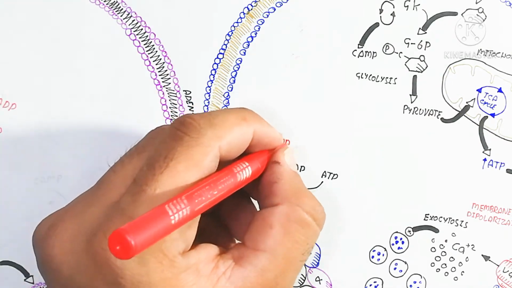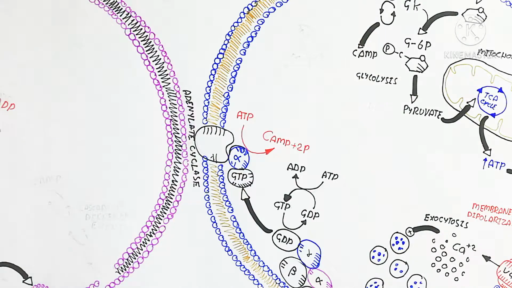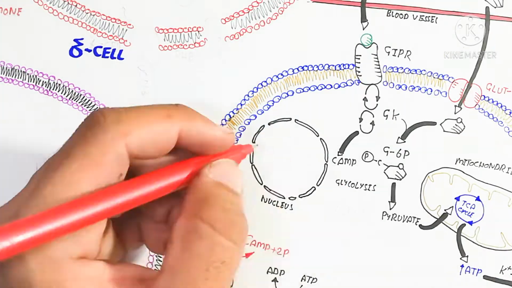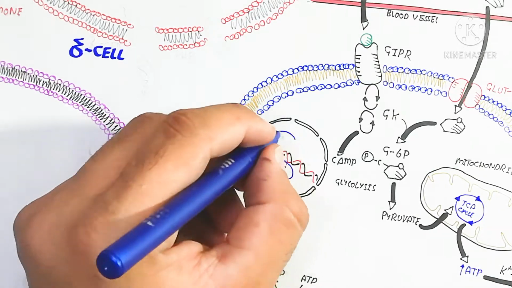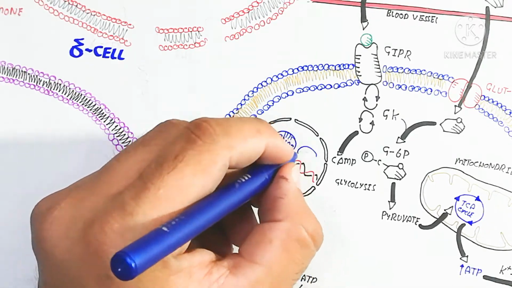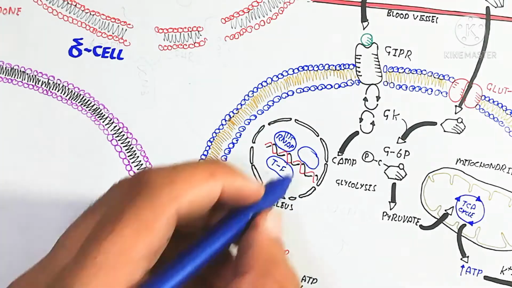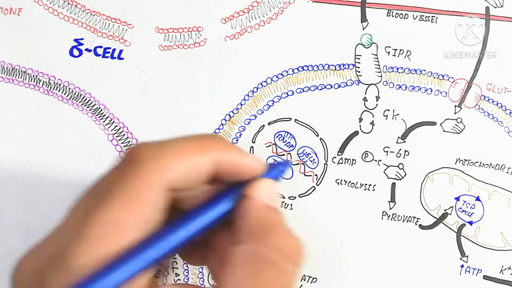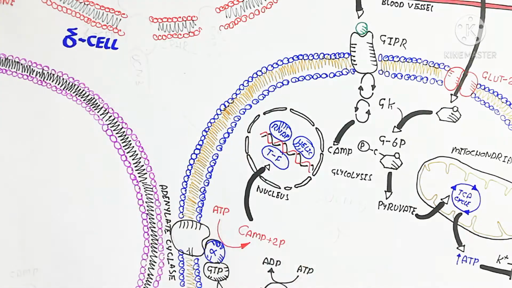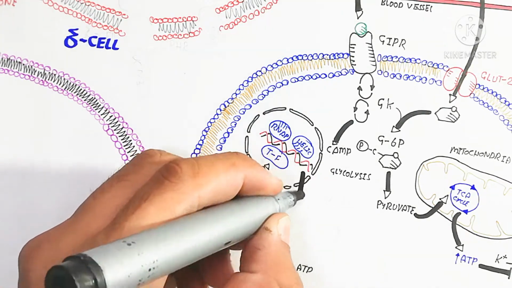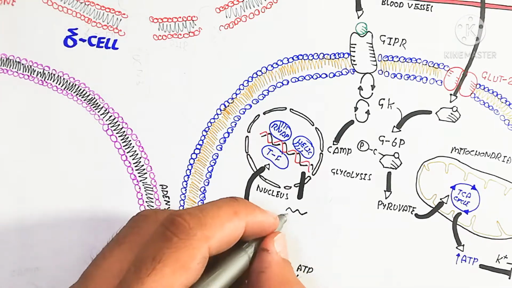Inside the nucleus, the RNA polymerase enzyme, DNA helicase enzyme, as well as the transcription factor are present, which is bound by the cyclic AMP, with the cascade of activation of protein kinase A, which we also understood in the previous diagram.